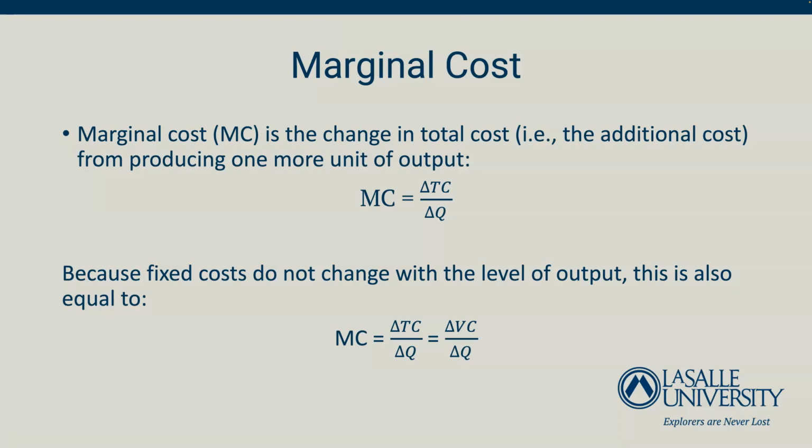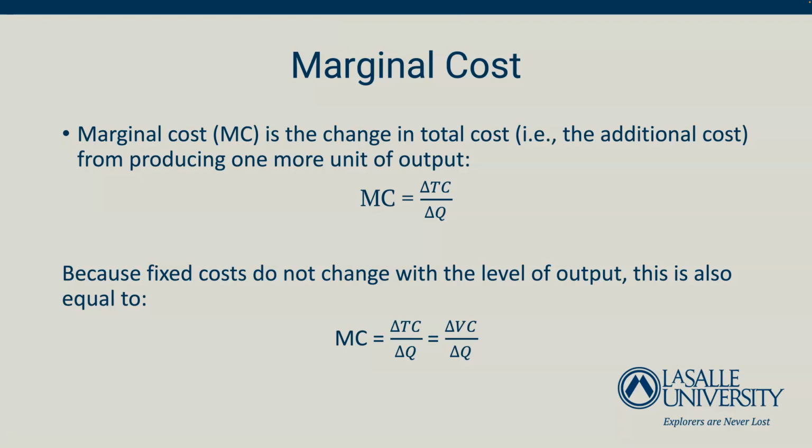Now, marginal cost refers to the change in total cost. That is the additional cost from producing one more unit of output, or in this case, seeing one more patient. So that is the change, or the delta symbol here, in total cost divided by the change in quantity.